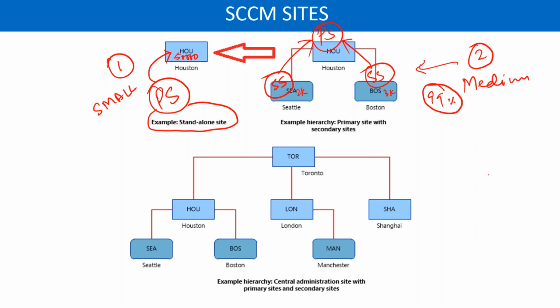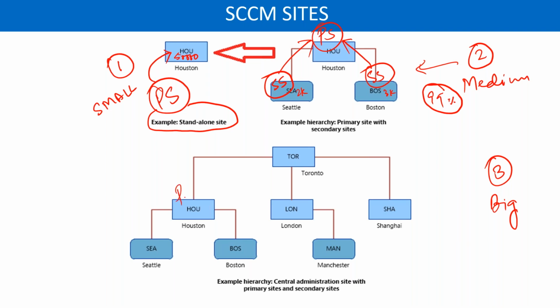Now the third architectural diagram is for big organizations like Cognizant, IBM, Accenture, Deloitte, where you have more than 200,000 devices or 100,000 devices. So you need multiple primary sites.